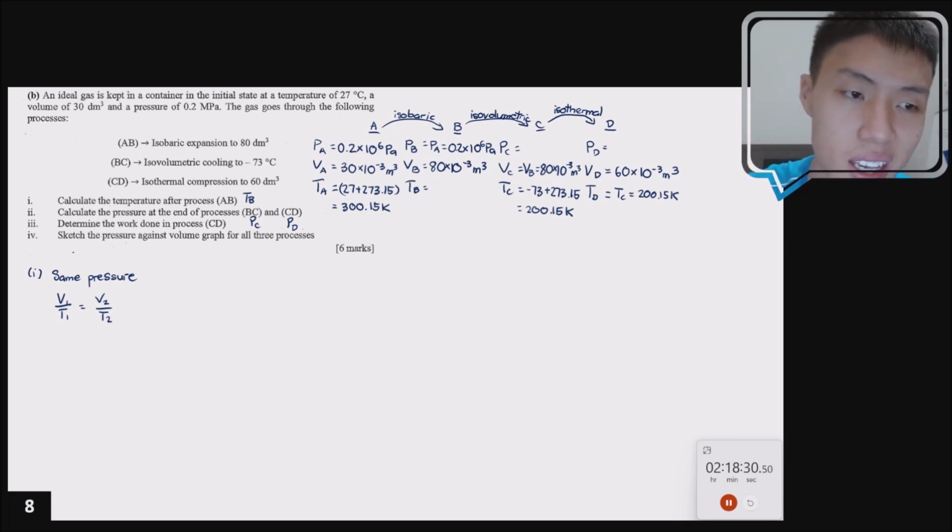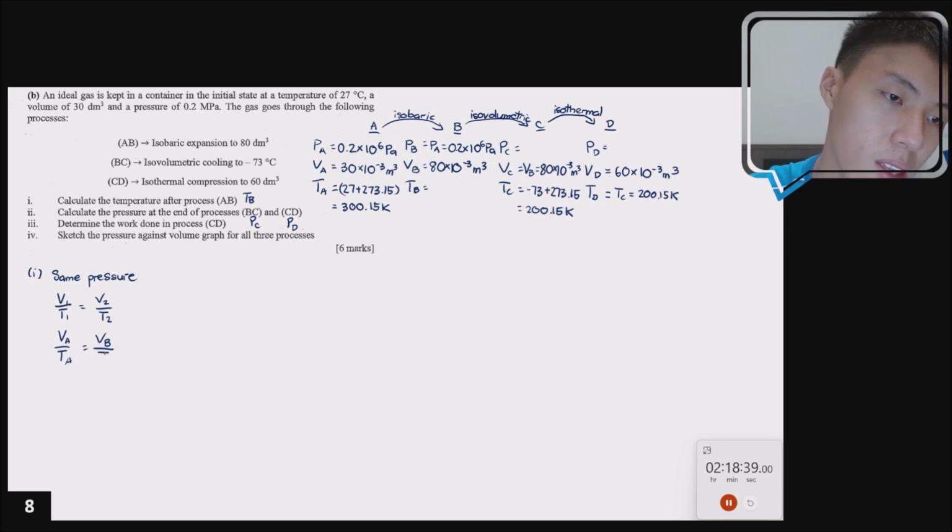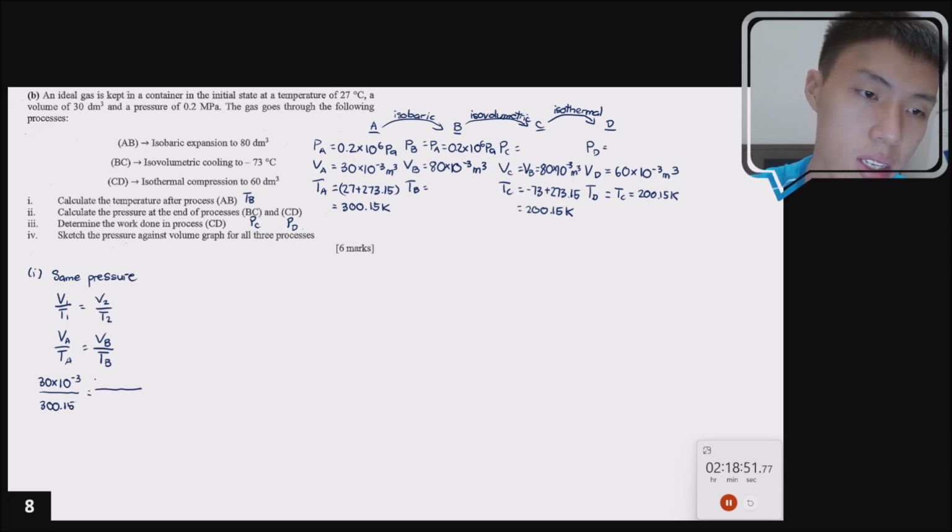So you compare state A and state B. VA TA equals VB TB, with the form V over T. VA is 30 times 10 to the power negative 3, your temperature at A is 300.15, and your volume at B is 80 times 10 to the power negative 3.